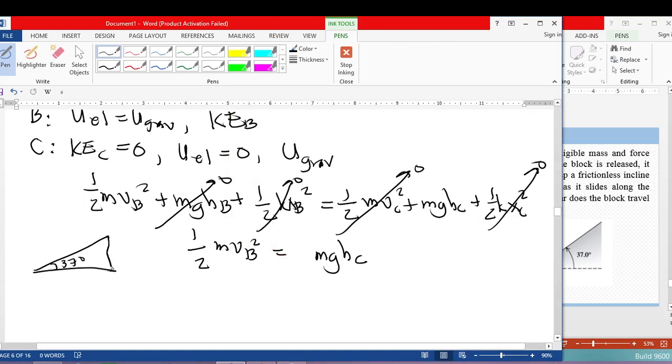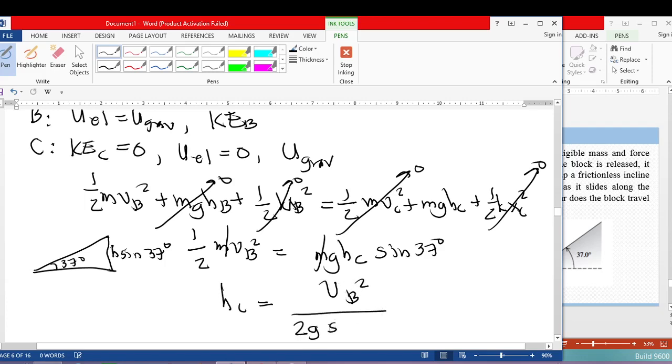So this is like h sine of 37 degrees, because it is inclined at some angle, opposite. So cancel m. So hC is just equal to vB squared divided by 2 g sine of 37 degrees.